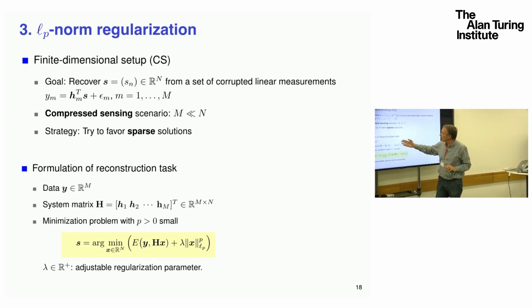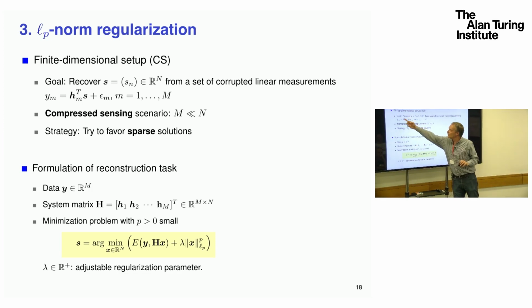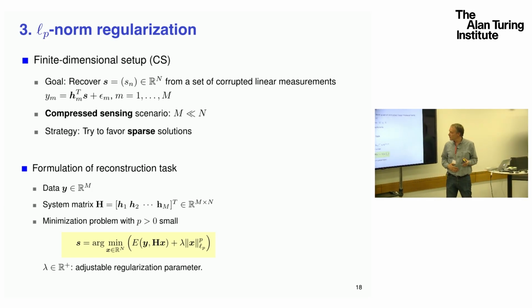So how can we do that? We can just look at this version of the problem here. We have the system matrix that's given by those linear measurements, and we are going to set it up as a regularized LP optimization problem.